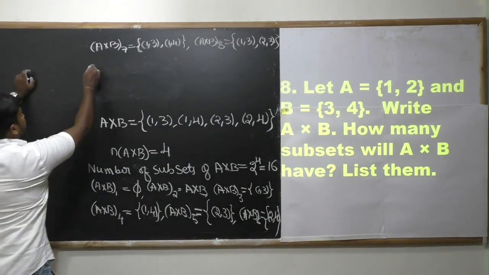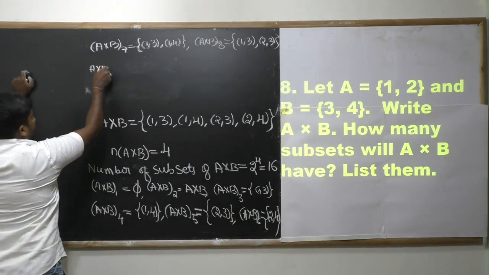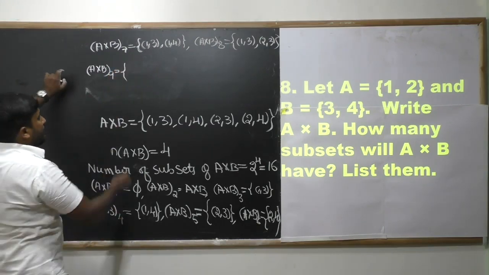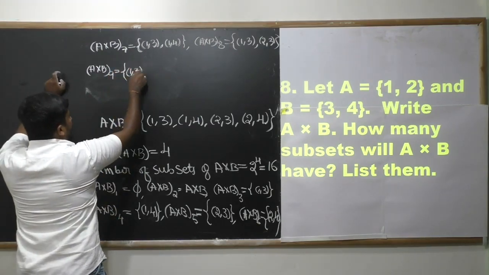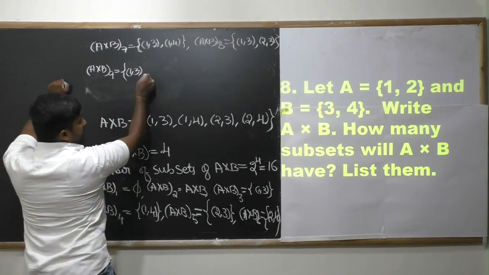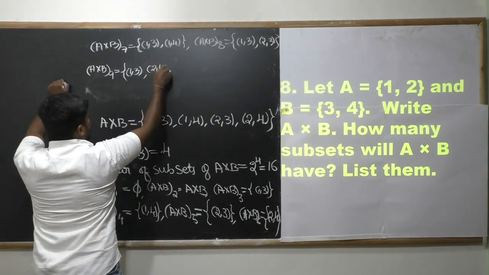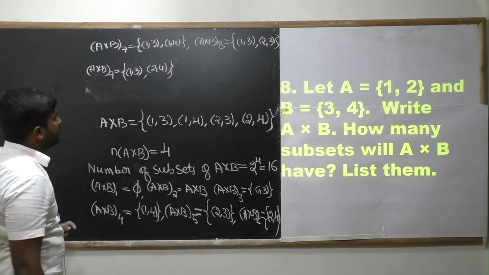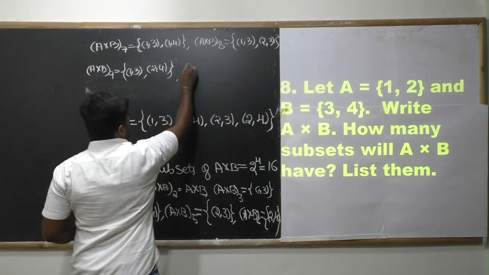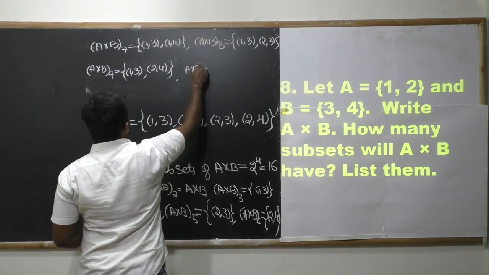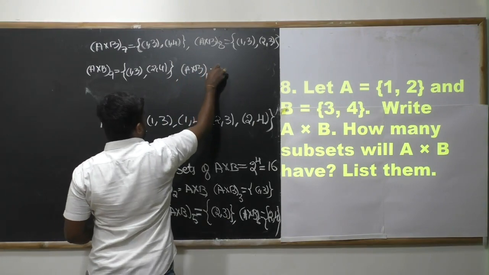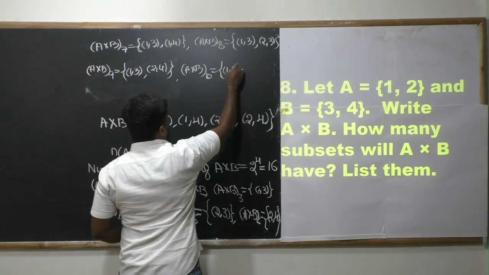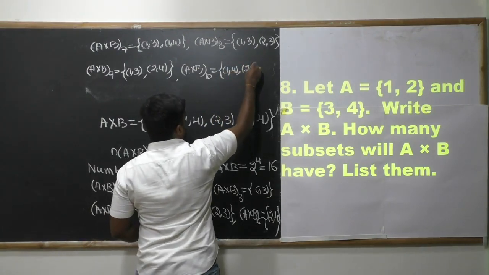Next, A cross B of 9. The 9th subset is 1 comma 3, 2 comma 4. Next, A cross B of 10. The 10th subset is the set with ordered pairs 1 comma 4, 2 comma 3.